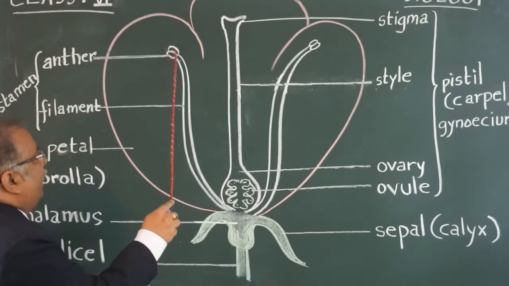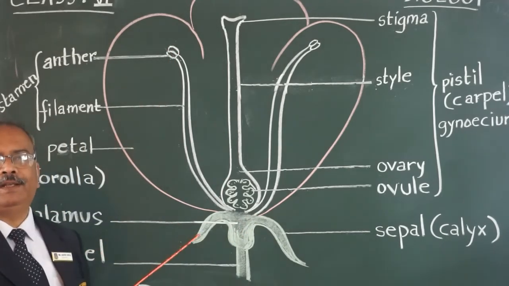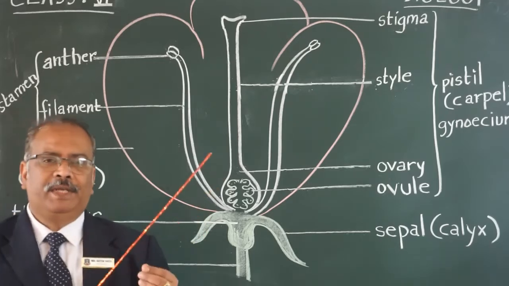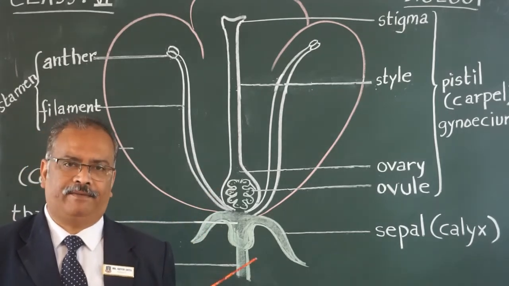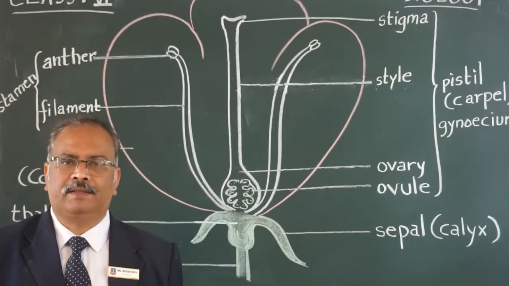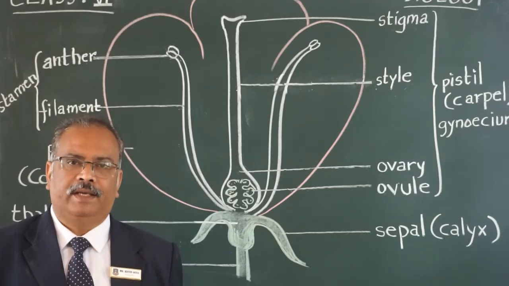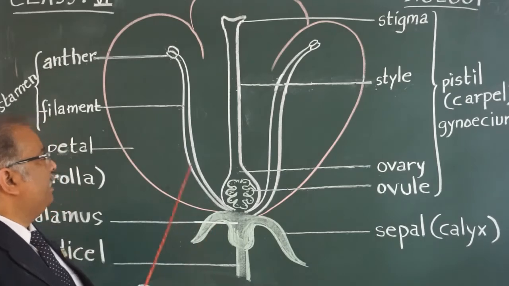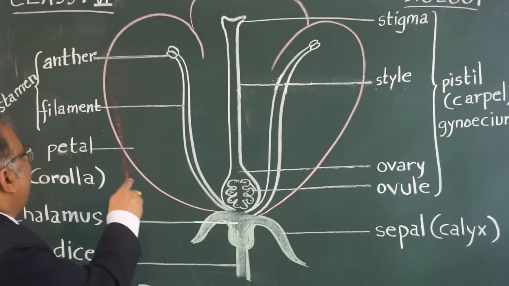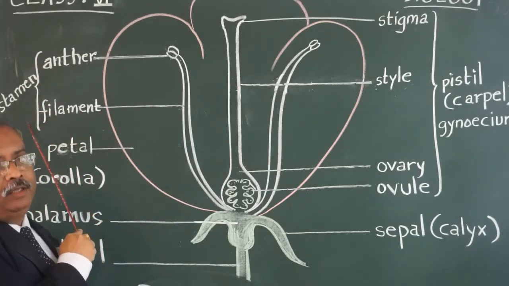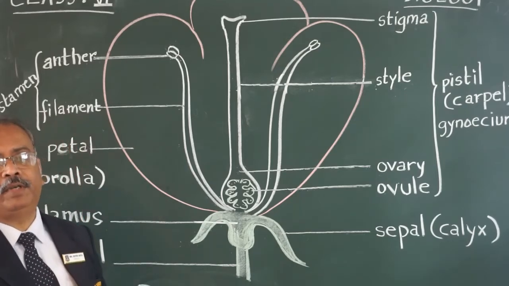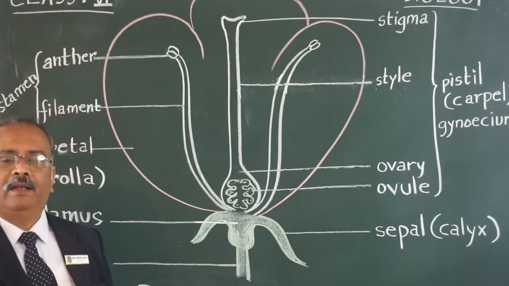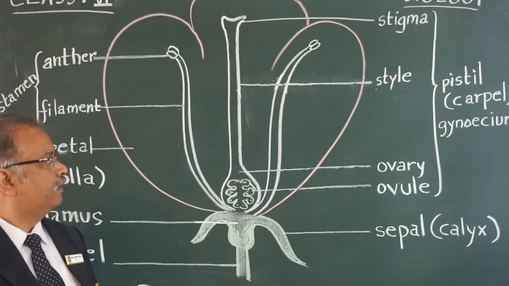This anther has pollen grains. Sometimes you must have seen the powdery stuff, powdery particles. These are the pollen grains. Inside these pollen grains you have the male sex cells. So the function of this stamen or the male reproductive part is to produce male sex cells.